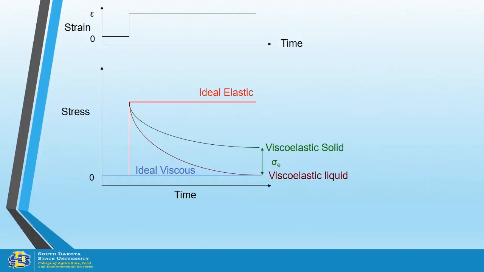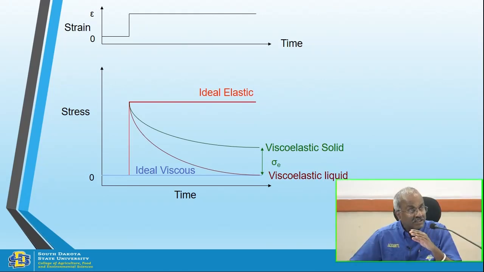If your food material is more liquid, less solid, then that is considered a viscoelastic liquid. If your food material is more solid and less viscous, then it is considered a viscoelastic solid.